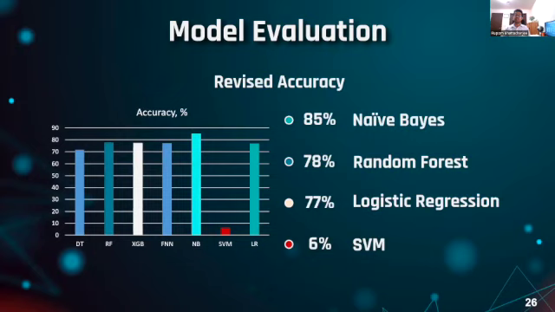From this, we can see that naive Bayes was the most accurate model, followed by random forest and logistic regression. We also found that SVM with RBF is not performing really well. This is probably due to the class imbalance technique we used. However, accuracy is not everything, especially when we are dealing with imbalanced data. We need to see the sensitivity and the specificity of the model to evaluate those models well.